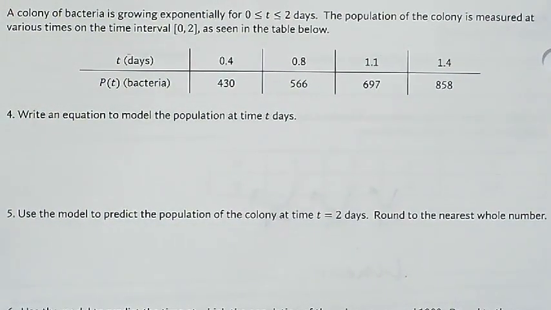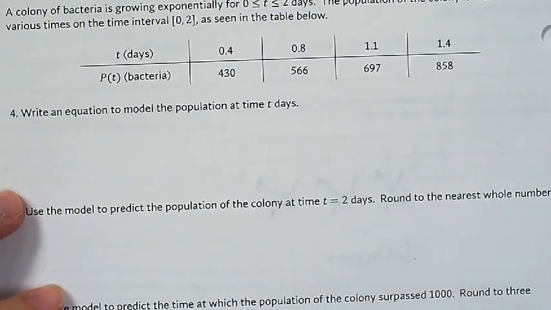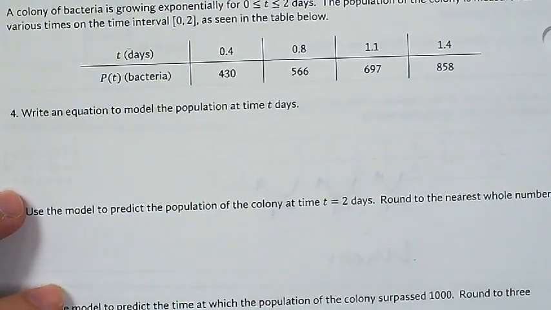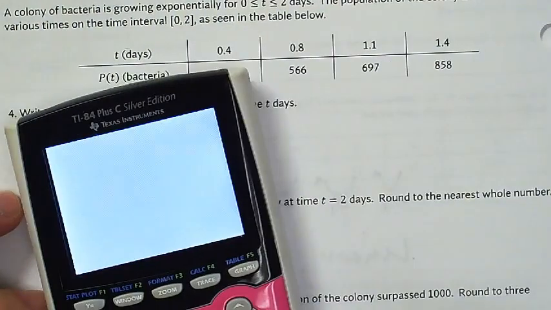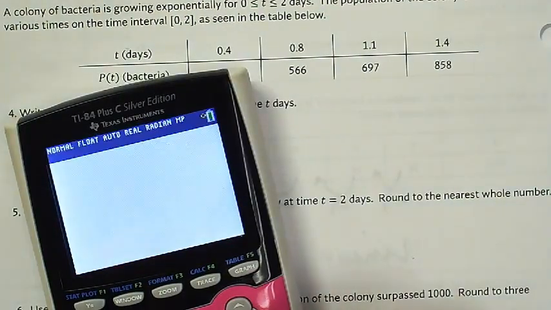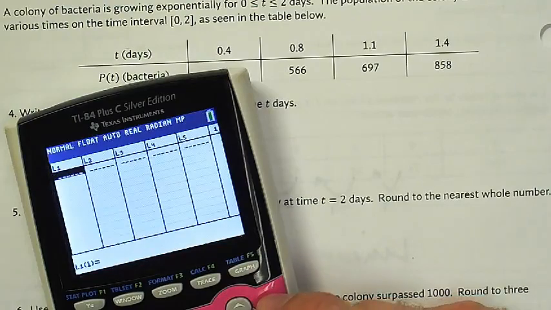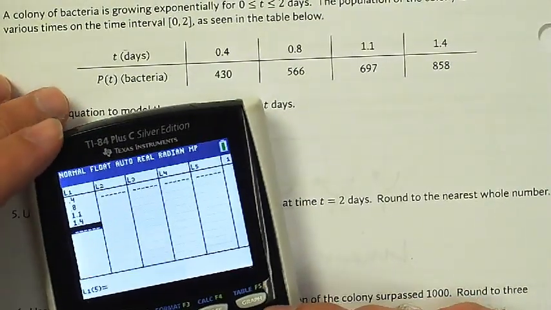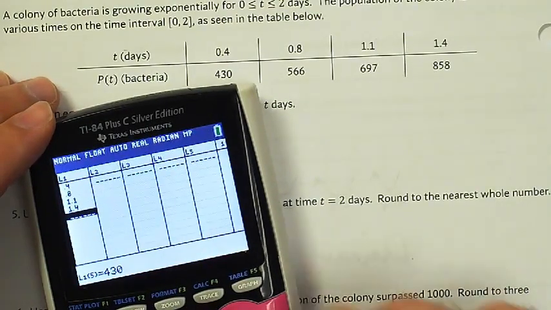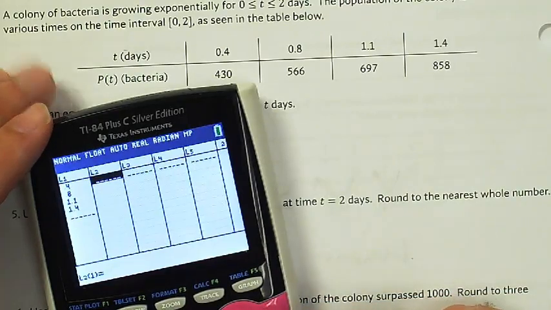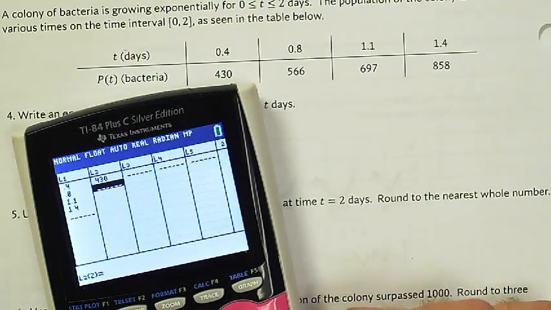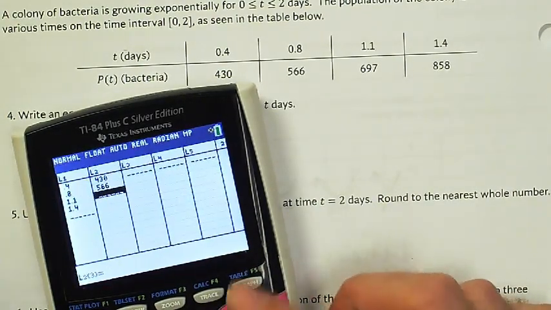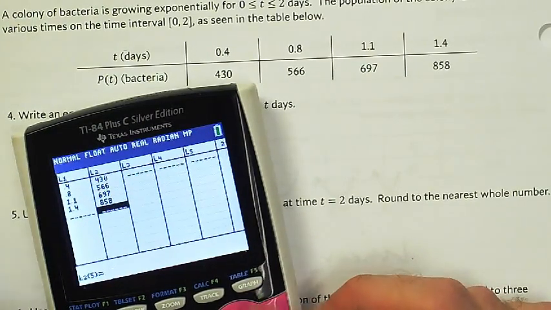And on the back, we've got a colony of bacteria that's growing exponentially between 0 and 2 days. So if we're going to be doing an exponential regression, we should probably clear the RAM on our calculator. Go into the stat menu, edit the lists, 0.4, 0.8, 1.1, 1.4. Back, 430 into the second column, 566, 697, and 858.